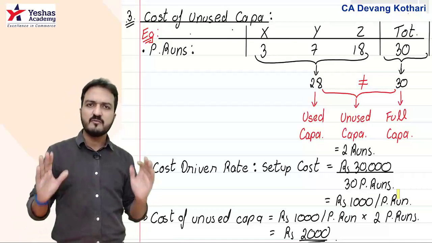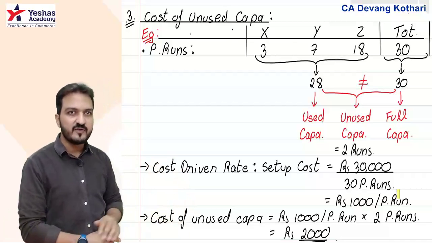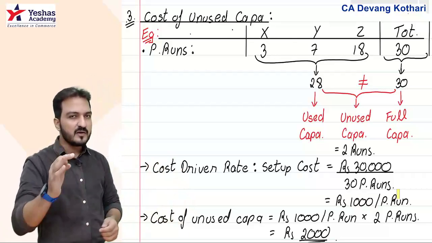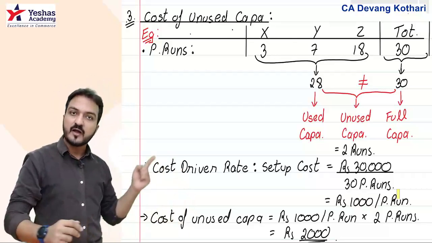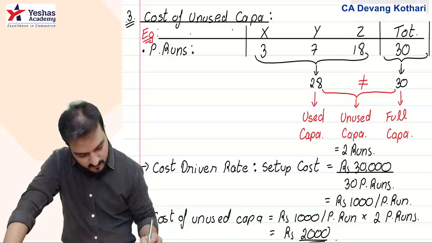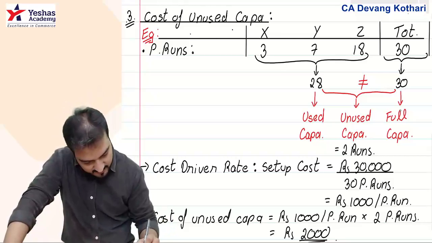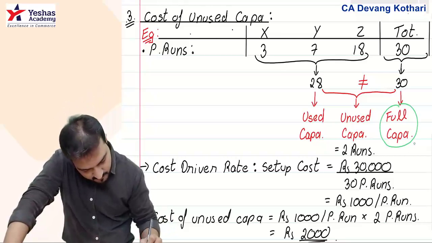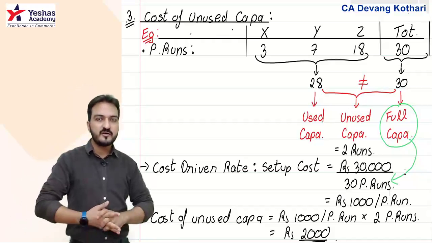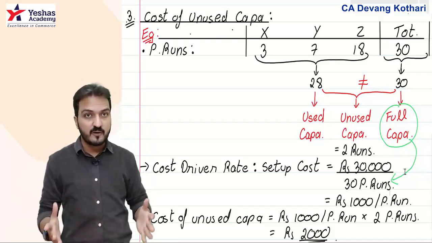For every single product in your company, the same rate will apply. Hence, while calculating the rate, you will always divide by the full capacity.